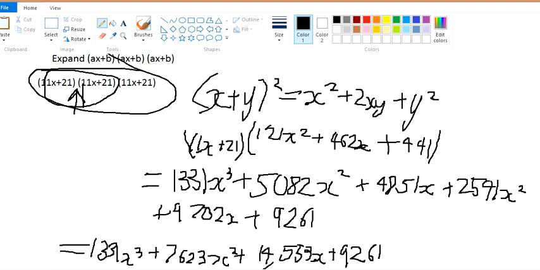Well, that was a bit complicated, but that is the procedure that you will have to follow in order to expand this form of the polynomial.